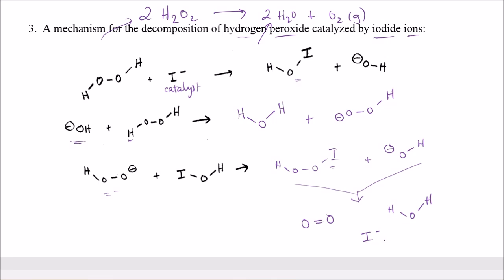You can see, I hope, that here's the catalyst regenerated. A catalyst can't be destroyed or used up. Here it is, ready to start this process all over again by reacting with another peroxide molecule.